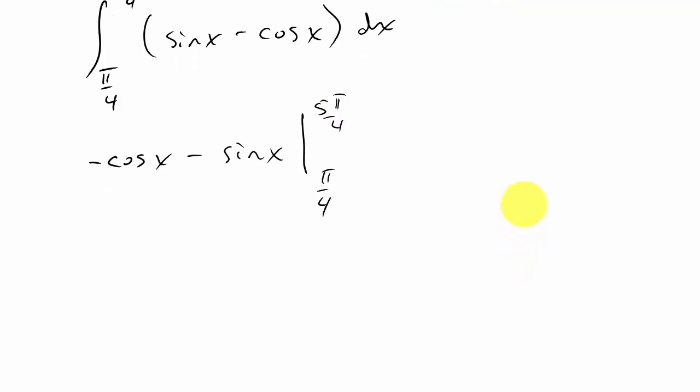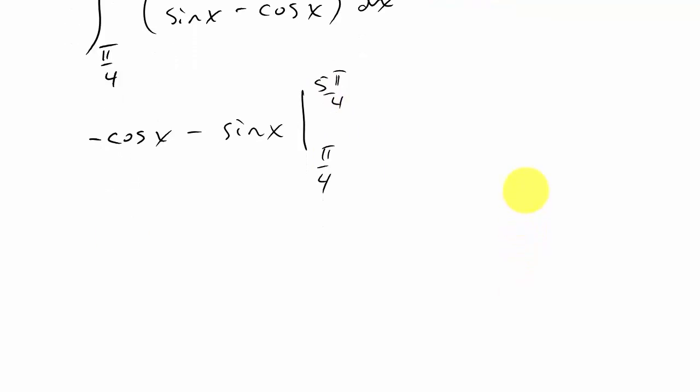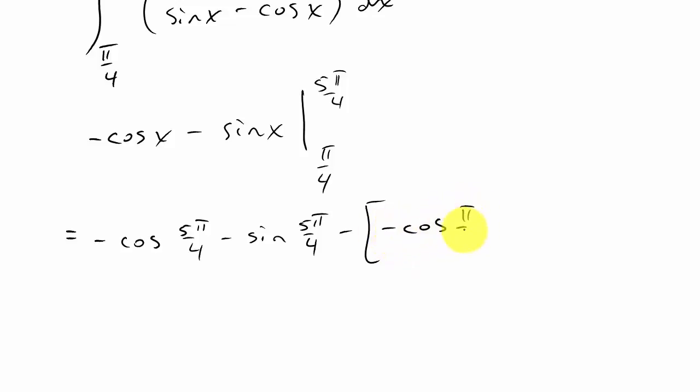Alright, so let's plug this in. So I get negative cosine 5 pi over 4 minus sine of 5 pi over 4, minus, and that's going to be negative cosine pi over 4 minus sine of pi over 4.